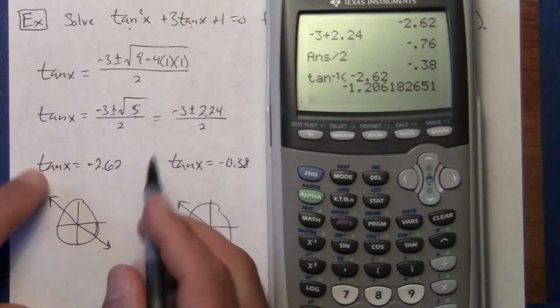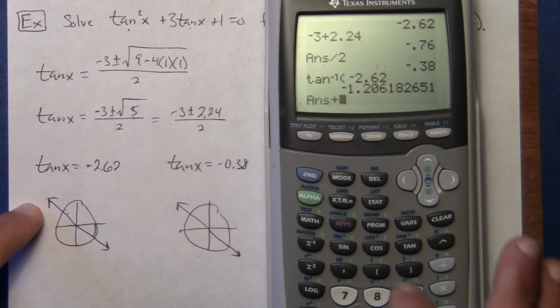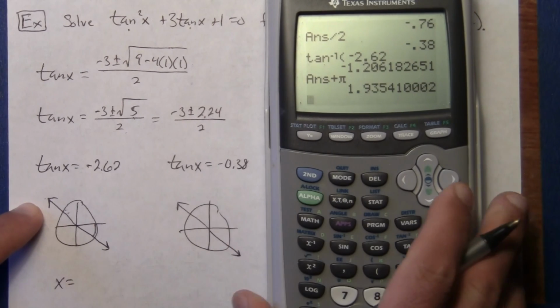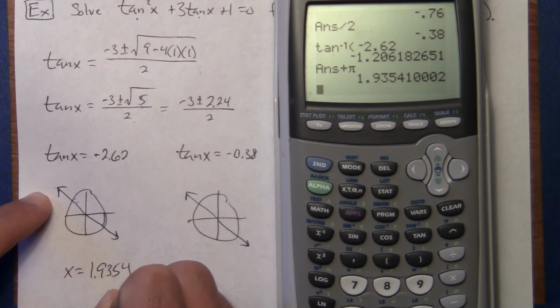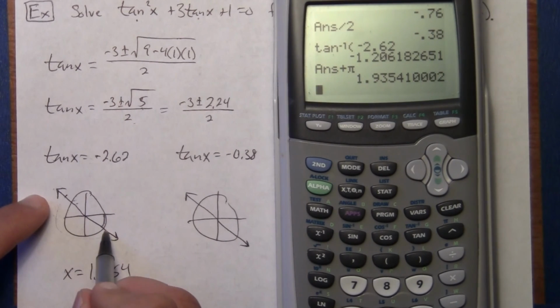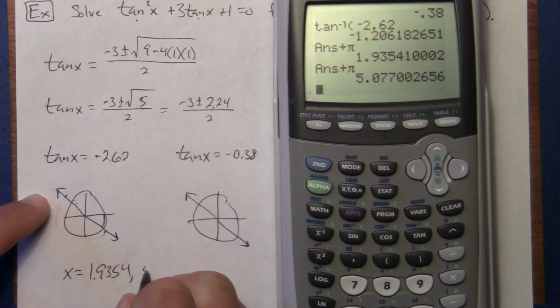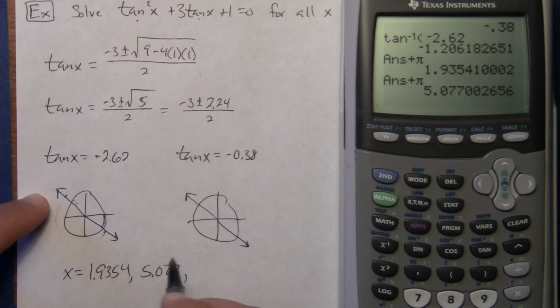So I'm going to add pi, or it's the same thing as adding 180, to get this answer. So add pi to this, and that gives me an answer of 1.9354. Add another pi to get this one, so plus another pi, and that's 5.077.